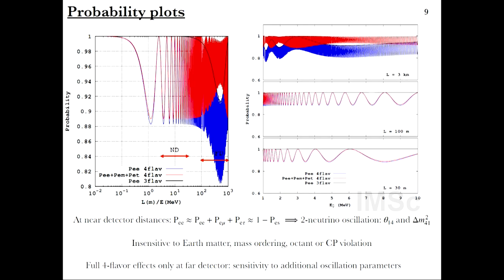One of the good things about this channel is that it does not have sensitivity to the matter effects or the mass ordering or octant or CP violation. So any deviation from what you see from the expected can cleanly be attributed to either an effective mixing angle with the sterile sector or a mass square difference.